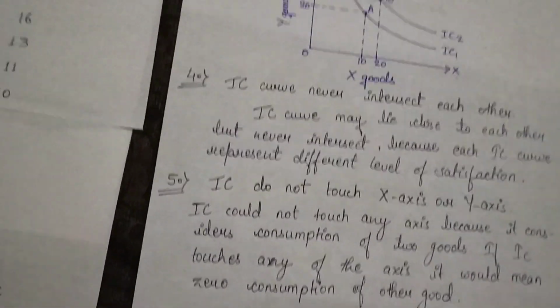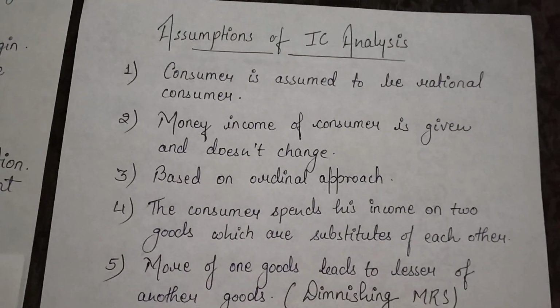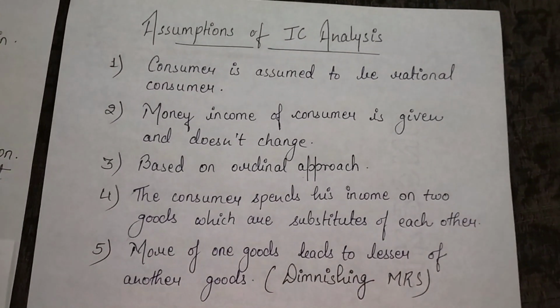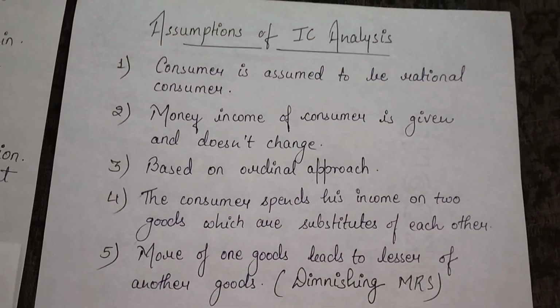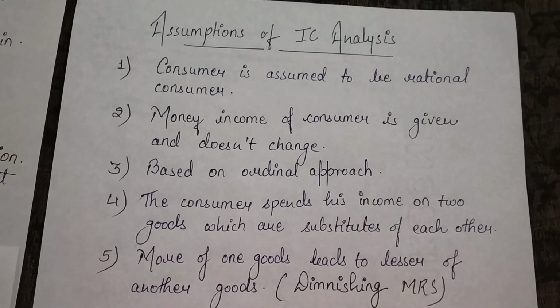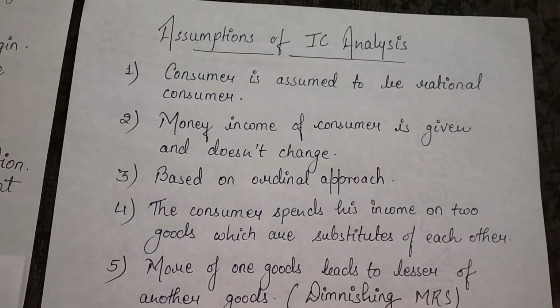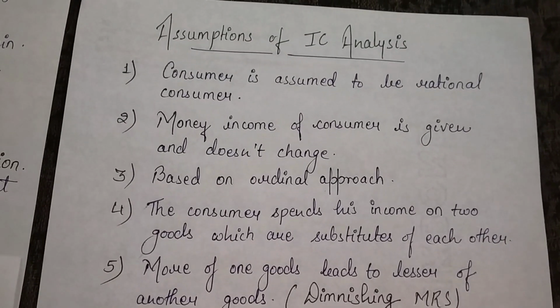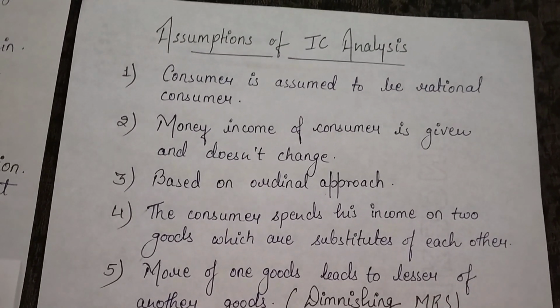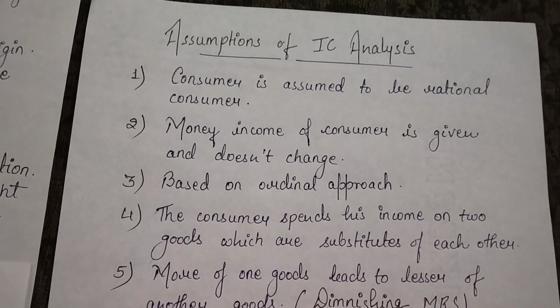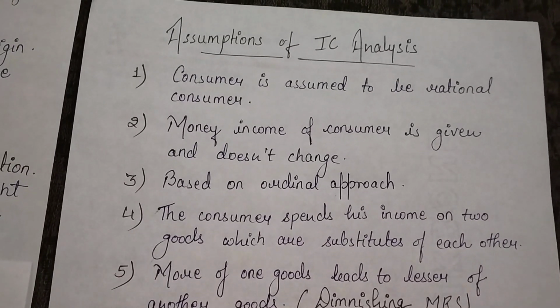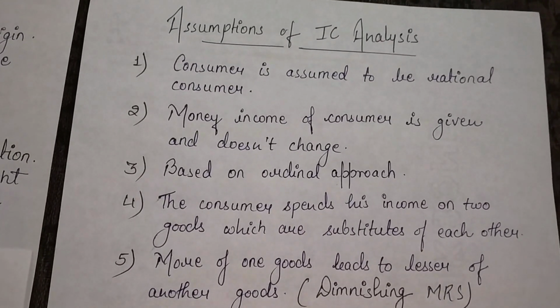Okay, so now the assumptions of the IC curve. First, the consumer is assumed to be rational. As I have told you, rationality means the consumer is a normal man. He is neither any extraordinary man nor any supernatural power. And being a normal man, he would like to maximize his satisfaction.